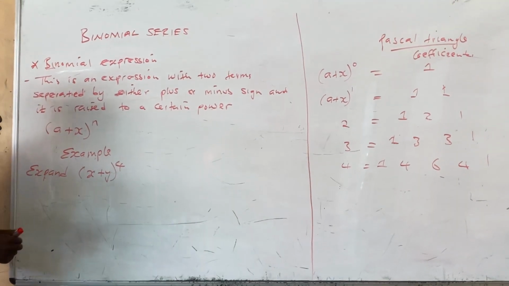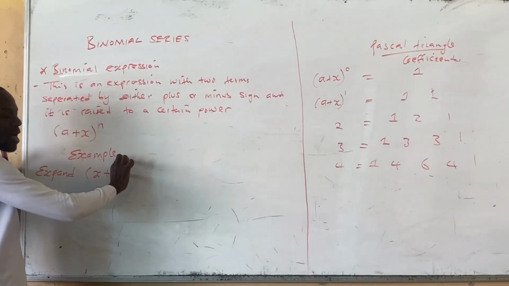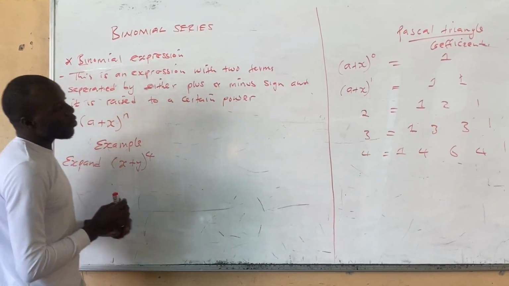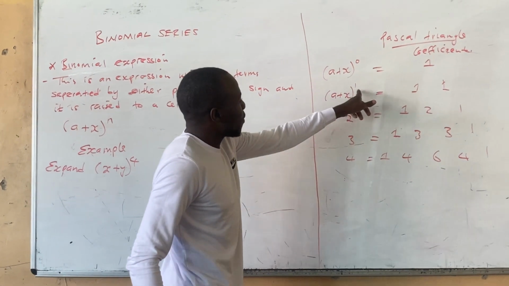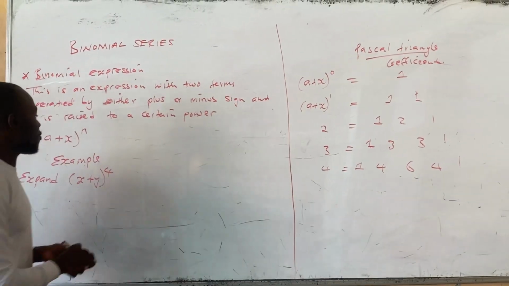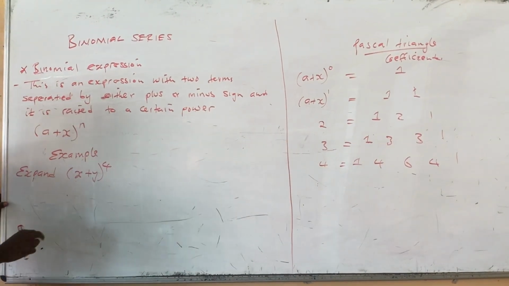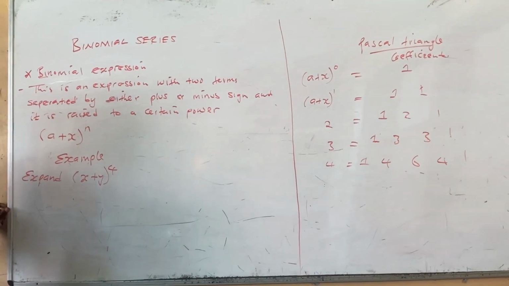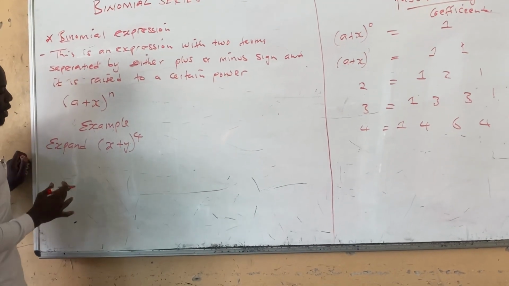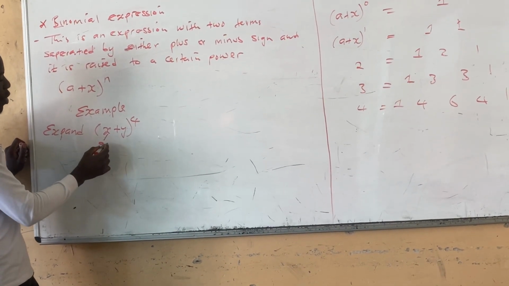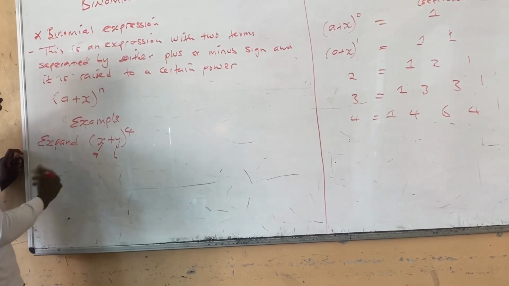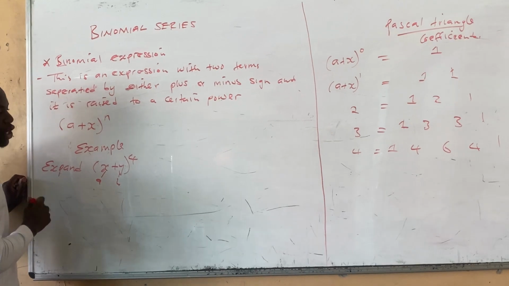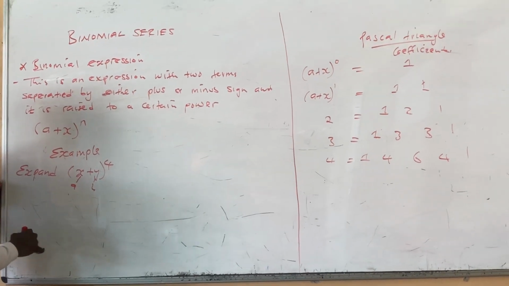Okay, so what you need to bear in mind is that when you have the power of 4, you expect 5 terms. For example, power 0 gives us 1 term, power 1 gives us 2. That's how we move. So here we expect 5 terms of this expansion. So what do we do here? When you're looking at binomial expansion, we have this which we call the a term, and this which we call the b term. When you're expanding, one will be increasing in terms of powers, and the other one decreases.